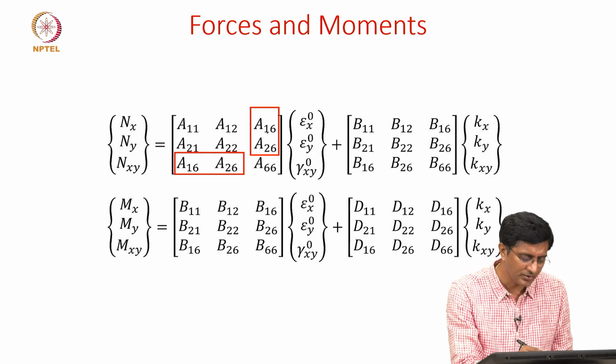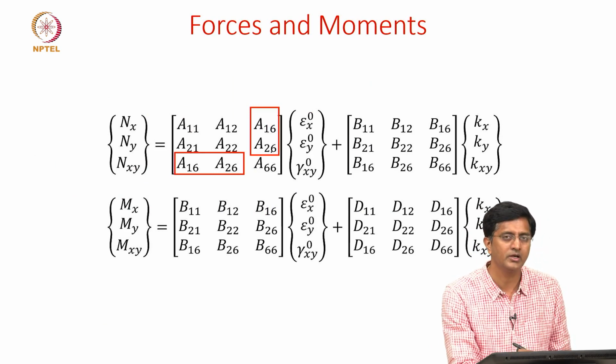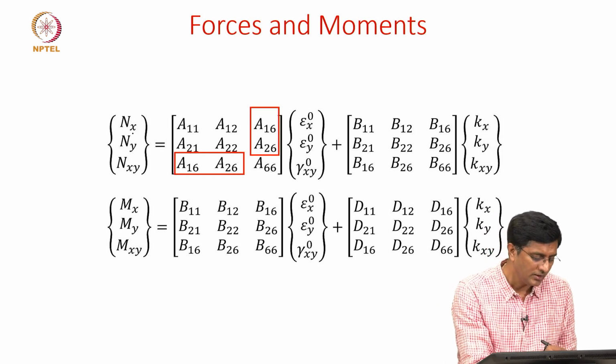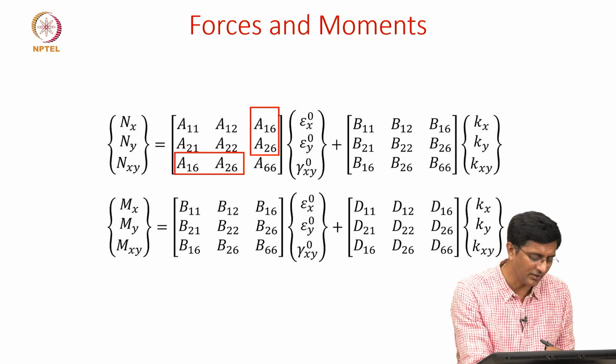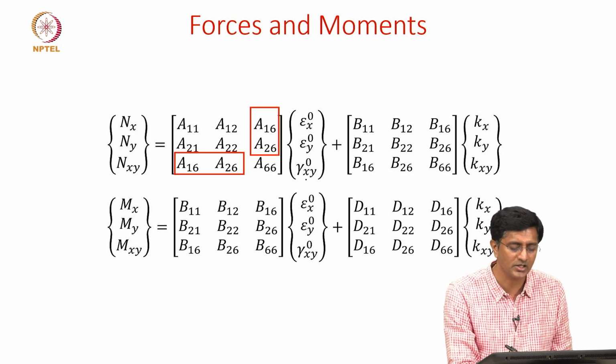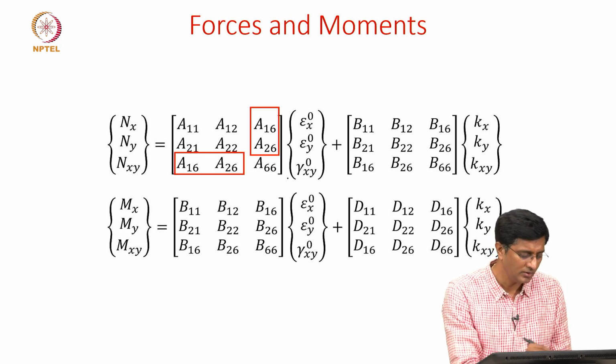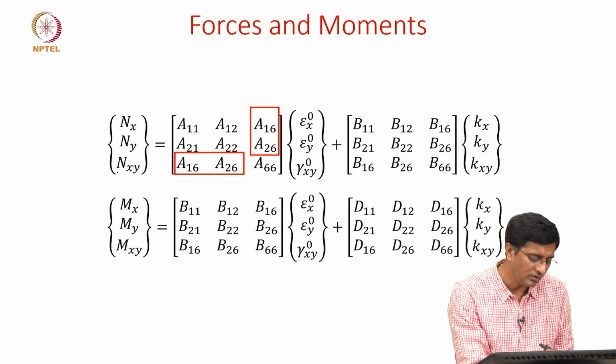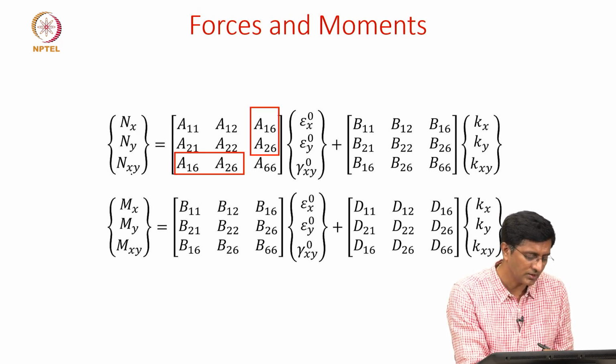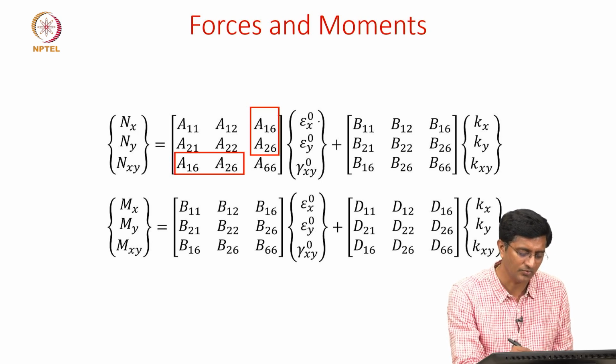So let's focus on these components A16 and A26. What do they do? They try to show the relation between your normal forces Nx and Ny with the shear strain gamma xy, or they show the coupling between the shear force Nxy with the normal strains epsilon x and epsilon y.